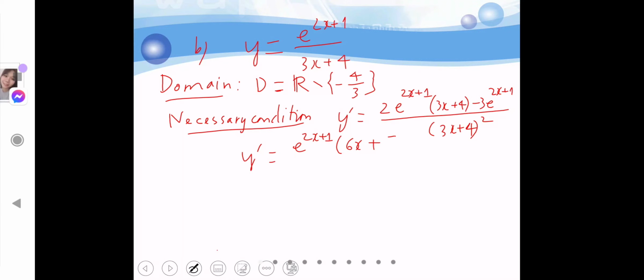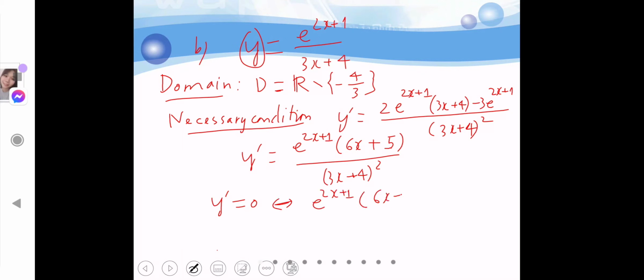5 over (3x plus 4) squared. Okay, and in this case, the domain of y prime is the same as the domain of the given function. So you only solve the equation y prime equals 0: e power 2x plus 1 times (6x plus 5) equals 0.